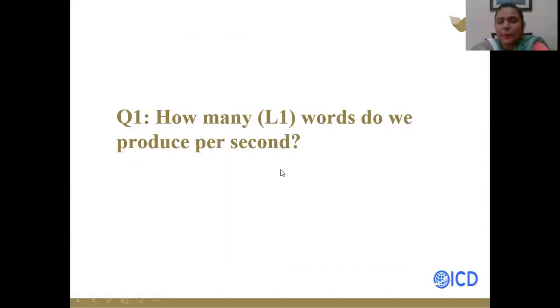So before we actually move on towards the L2, which is the second language, let's just look at L1, which is our first language. Can anybody guess how many words we produce per second in your L1, which is your first language? How many words do we produce generally?